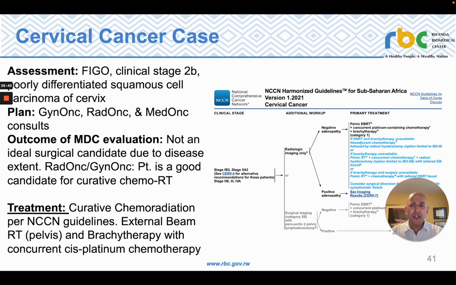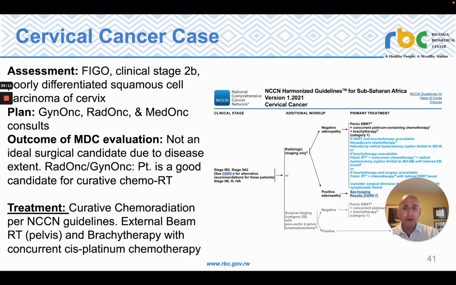The outcome of this multidisciplinary clinic evaluation was that this patient had somewhat advanced and bulky disease, so was not an ideal surgical candidate for radical hysterectomy due to the disease extent. So the radiation oncologist and the GYN oncologist agreed that the patient is a good candidate for curative chemotherapy and radiotherapy.